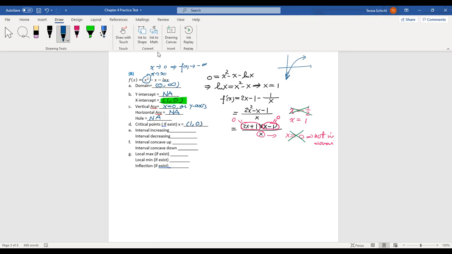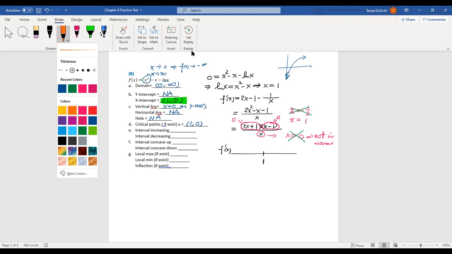Now let's take a look like we did before, at where it is increasing and decreasing. So this is 1, and this is f prime, right? Let's see the positives and negatives.